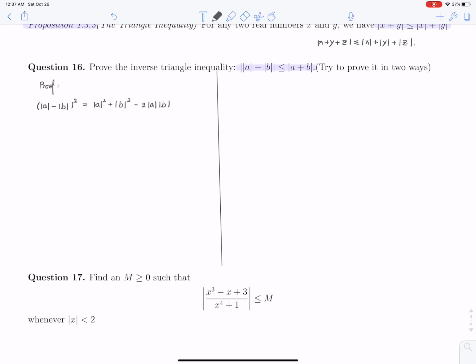Okay, do you agree with me? Yes, I think you agree. Okay, let's move on. This will give us A squared plus B squared minus 2AB.